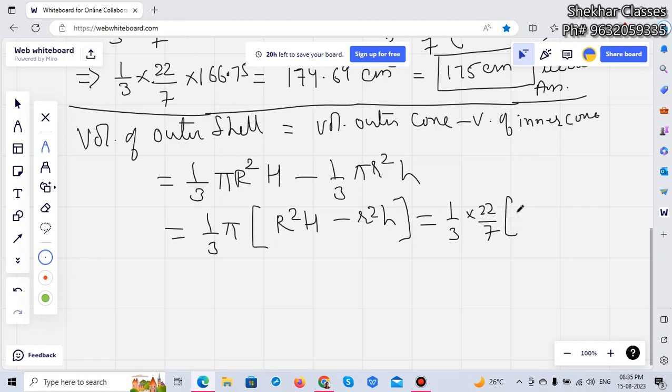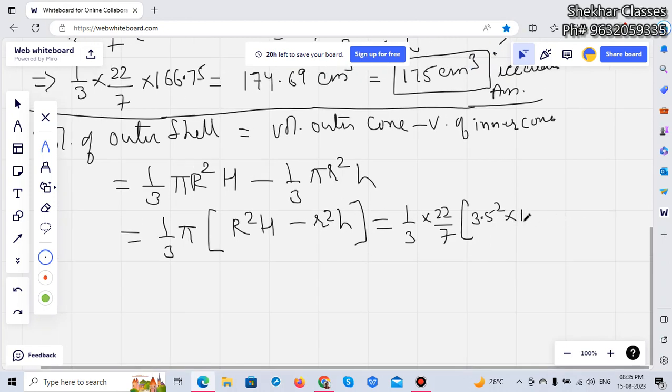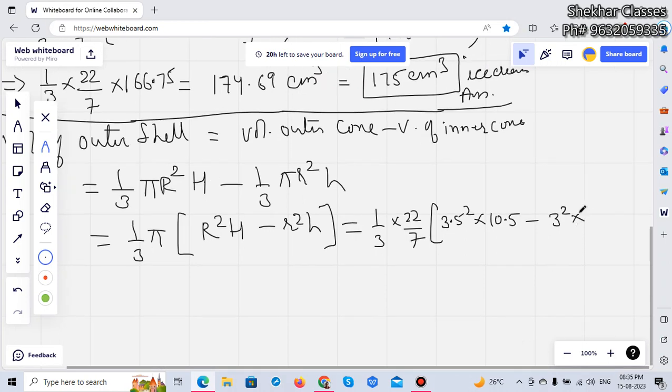Capital R is 3.5 square and h is 10.5. Minus small r is 3 square and small h is 9. We had calculated that earlier.